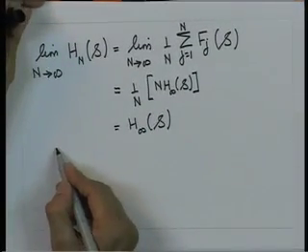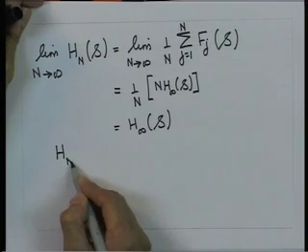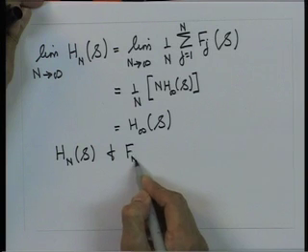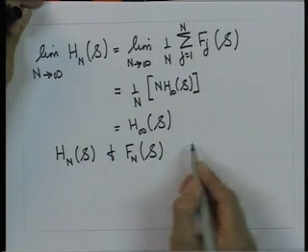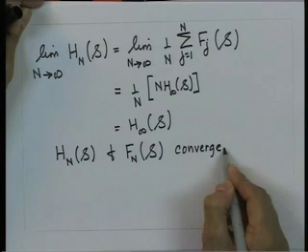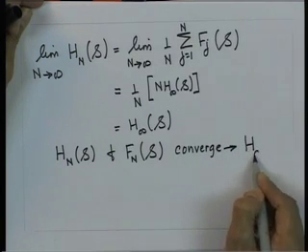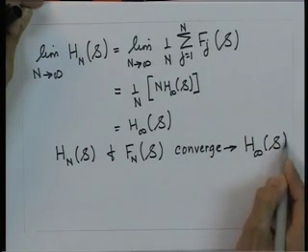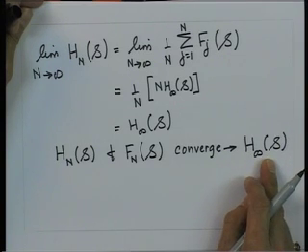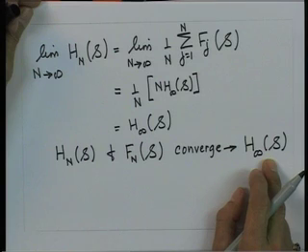So, what we have proved is that both HN(S) and FN(S) converge to the same limit, which is given by H_infinity(S), and this is nothing but the entropy of a Markov source with arbitrary memory.